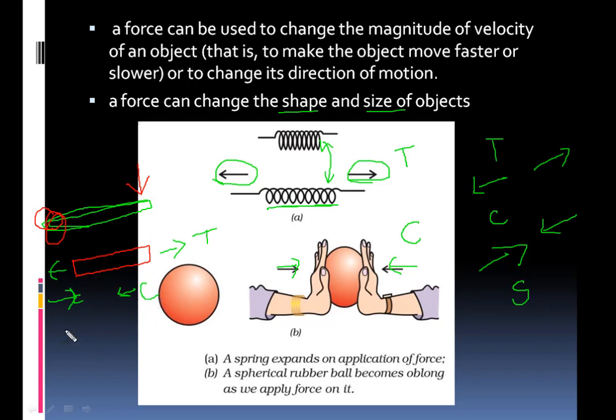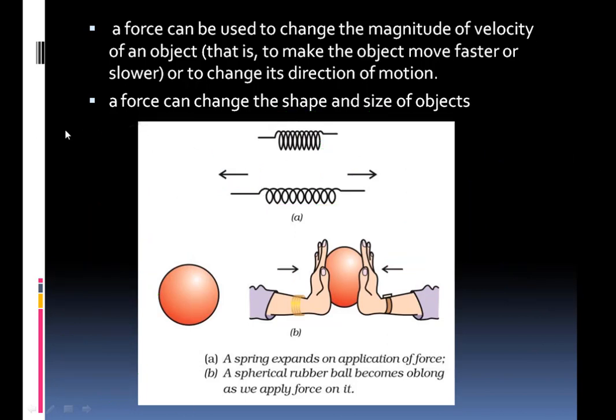Now if you hold the rubber at one point and you try to bend it at another point, or if you try to bend the rubber like this, this is the case of shear force. About this tensile, compressive, and shear force, you will study deeply in standard 11. Okay. So let us continue.